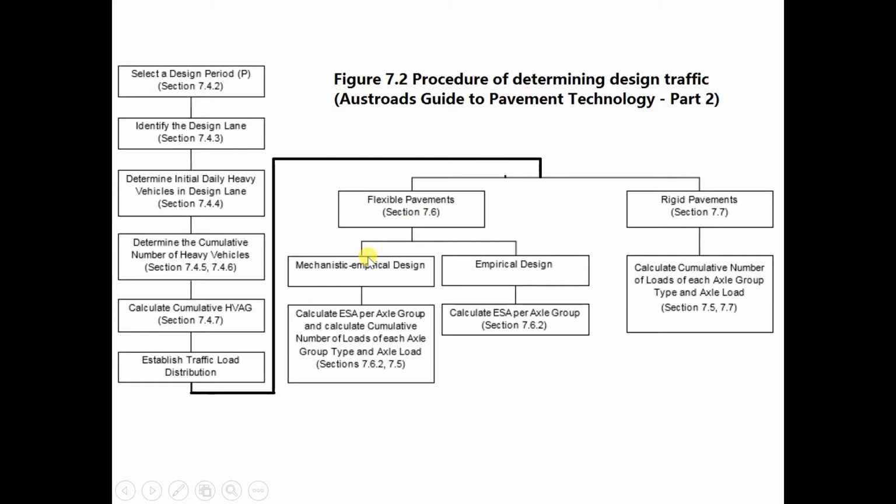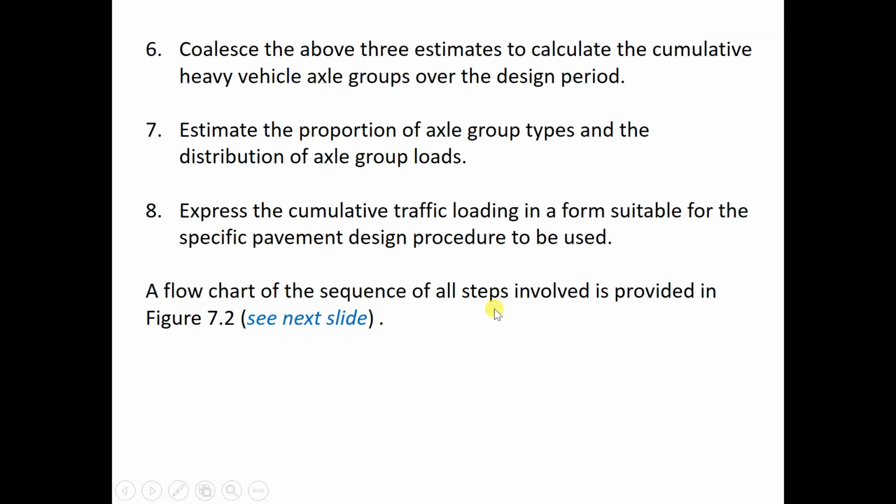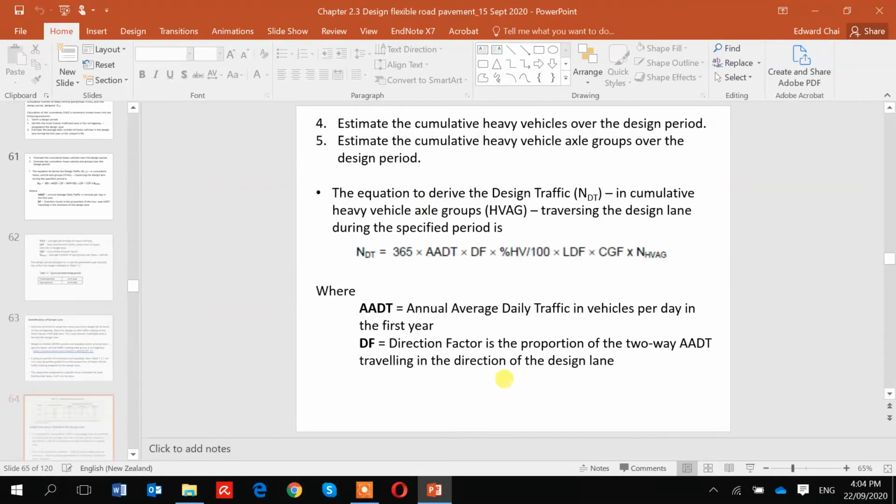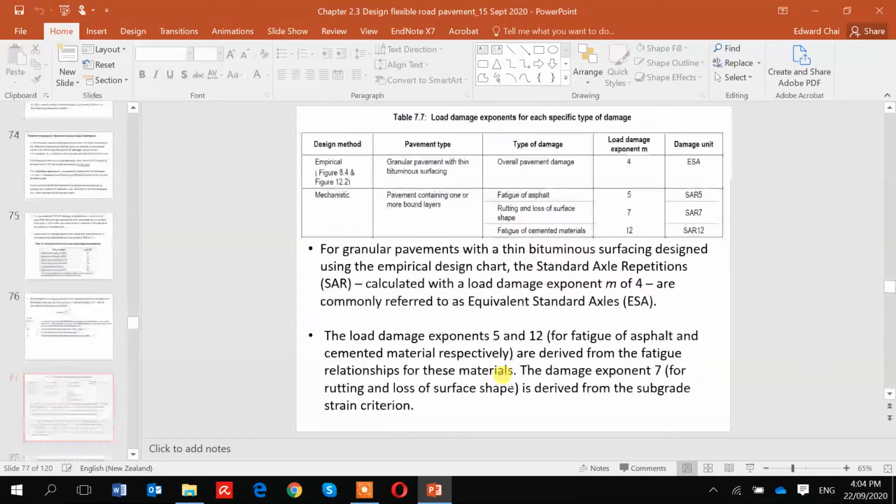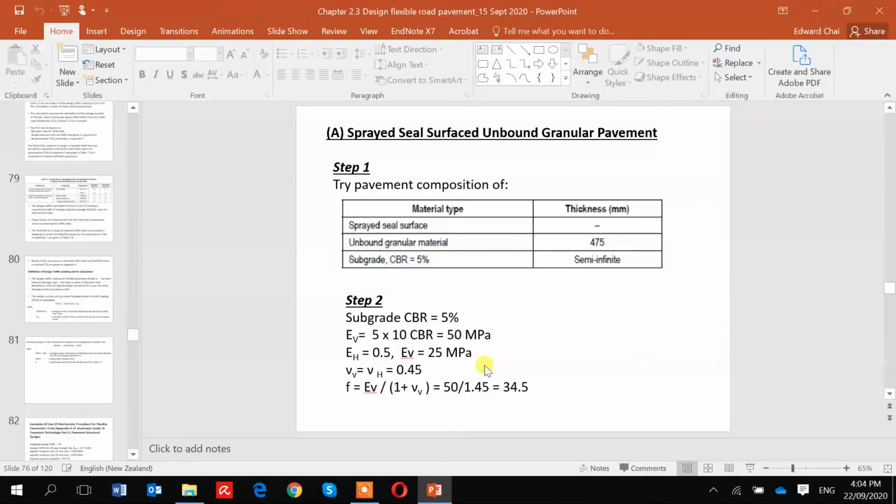And from this traffic loading we could do the empirical design. That one will be based on the ESA, the empirical design, and calculate the ESA per axle group. I think it's in front.